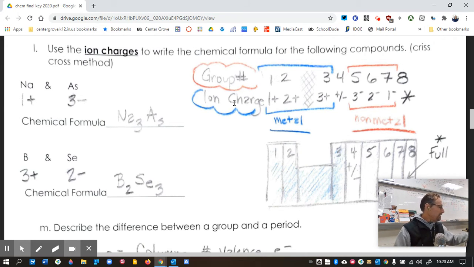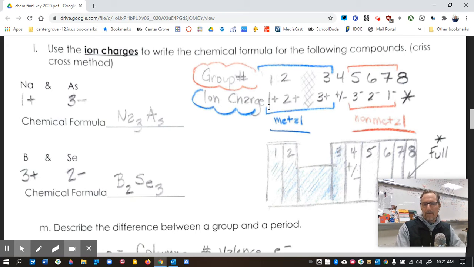I find it easy to use the chart that I had you put into your science notebook. Let me see if I can find that real quick. I find that's the easiest thing to use in order to find those. This should be in your science notebook, and I can use that to find my ionic charges. In fact, I used it to do this page. And I just find that that's real simple.